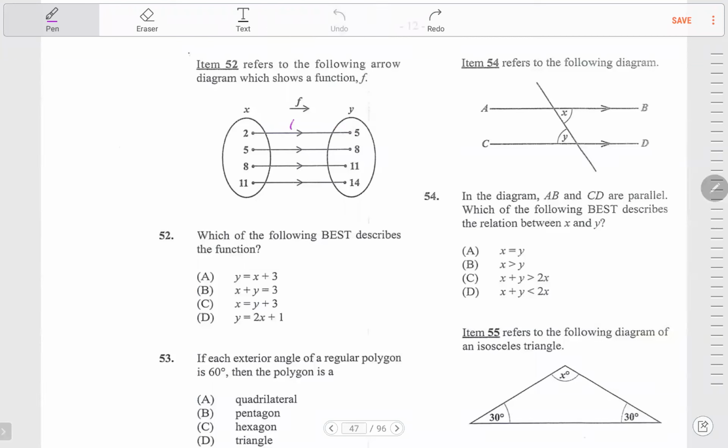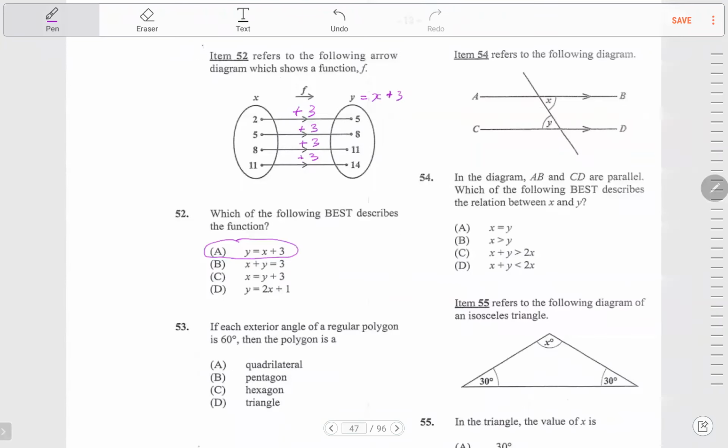You add 3 to this, add 3 to this again, add 3 to this, and add 3 to this. So therefore, the y value equals the x value plus 3. That's what happens. The x value plus 3 gives you the y value. So the function is x plus 3. See there? Y equals x plus 3. All right, it's straightforward. I keep adding 3.